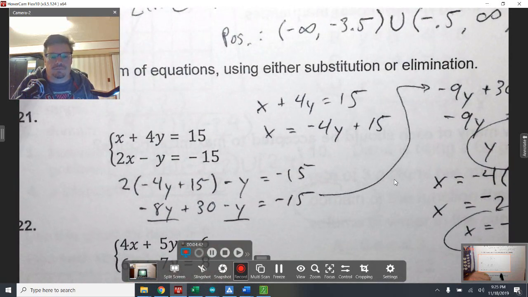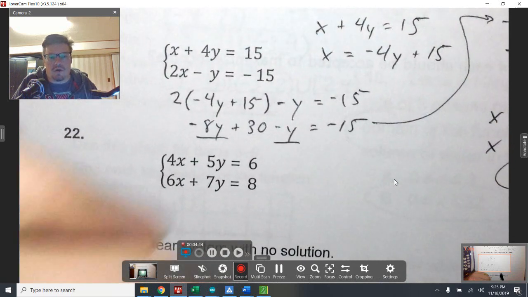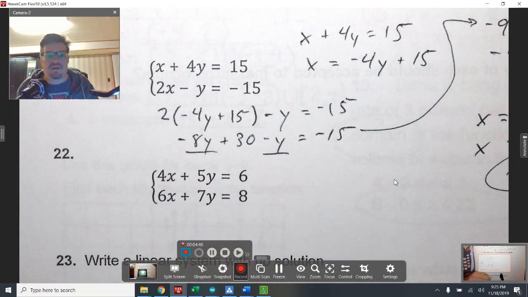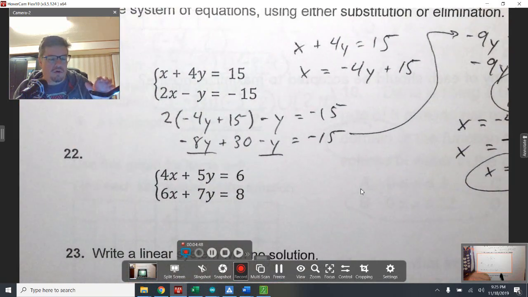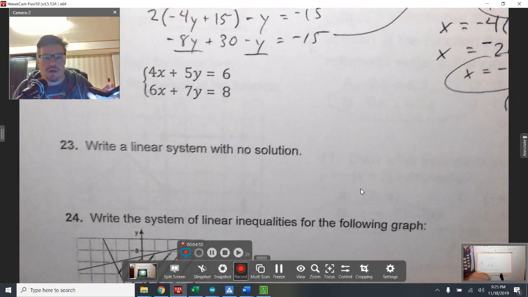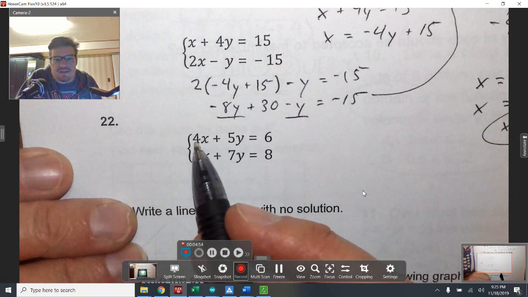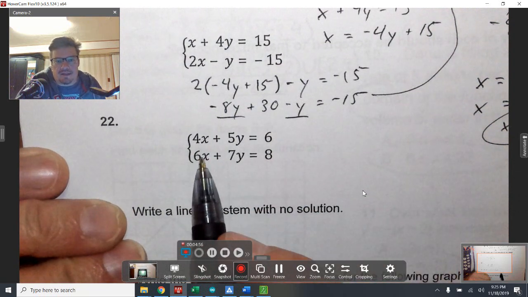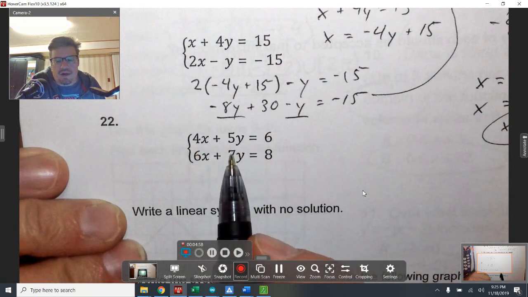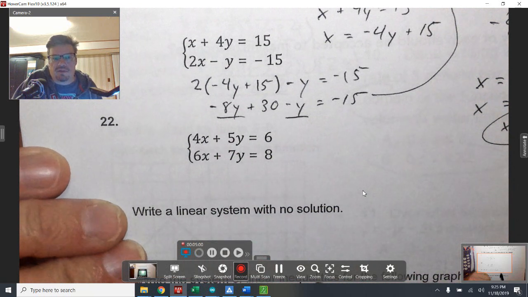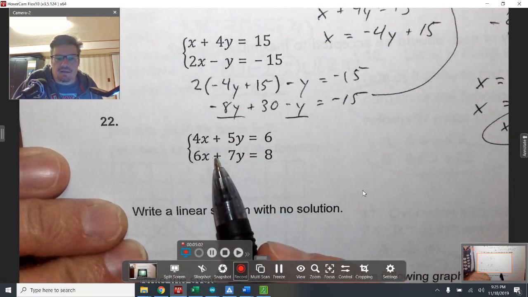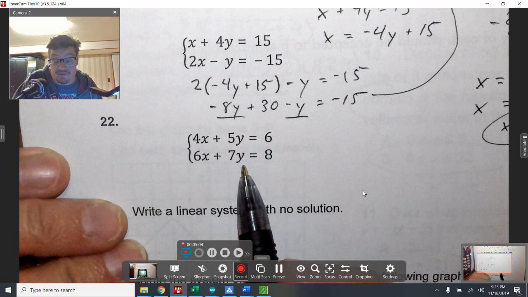All right, so now we're going to go to elimination, which is definitely my more prepared version of solving systems. Now, I purposely left this kind of complicated because you've got to think, what is the least common multiple that either the x or the y's have?